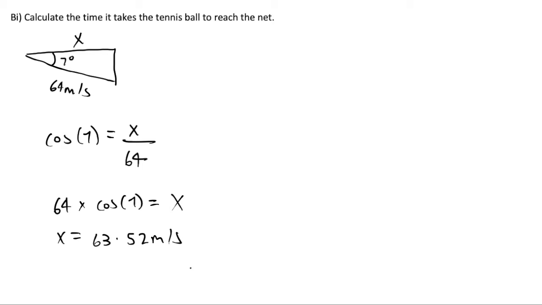Now we may need a vertical velocity in the future, so let's also solve that, but that is not necessary for this question. That would be y. So to find the y, we need the opposite side. Opposite side means sine. So we can say sine of 7 is equal to y over 64.